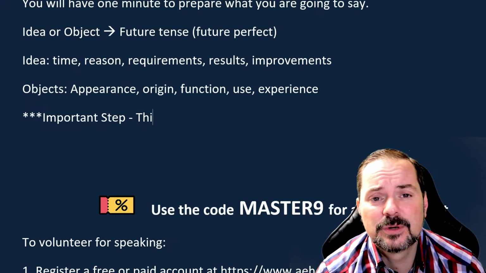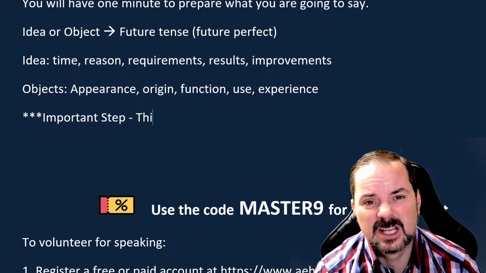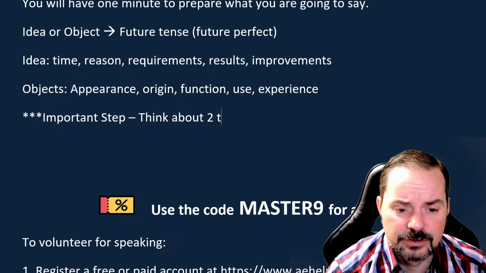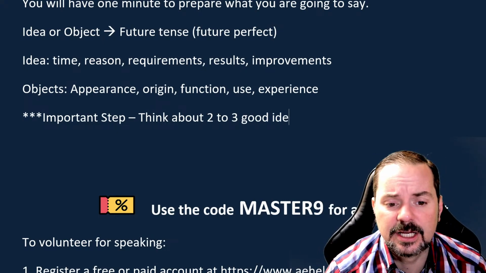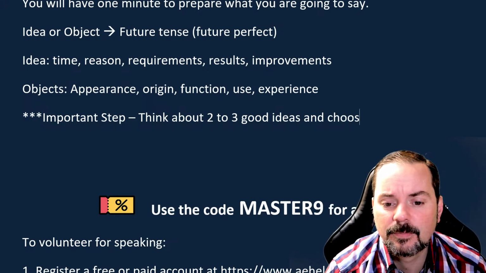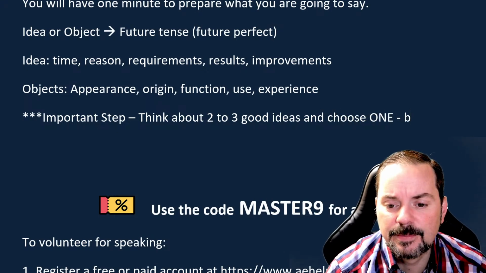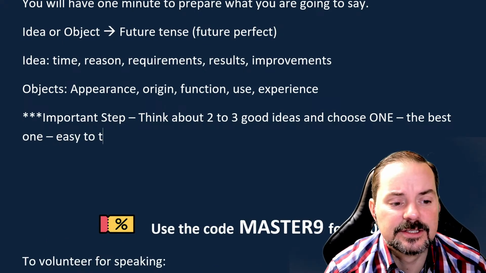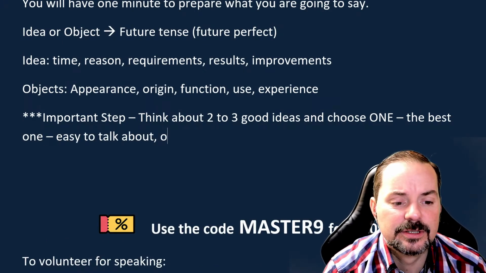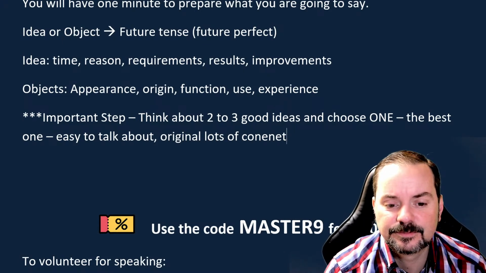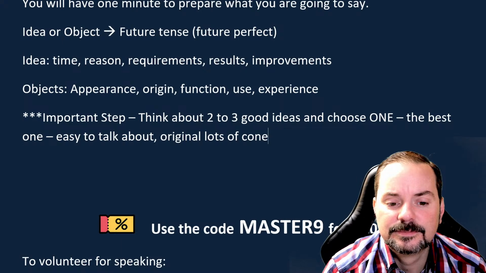You don't have the vocabulary. You realize there's not much to say, right? So think about 2 to 3 good ideas and choose one. The best one. Easy to talk about, original, lots of content.